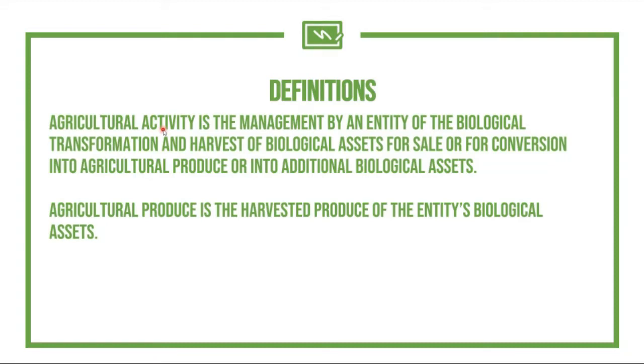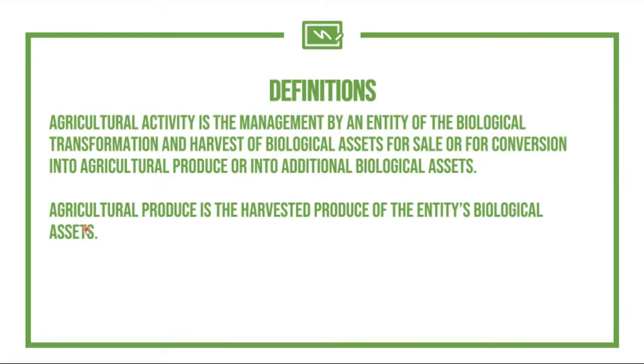And similarly, if you are hunting for animals in the wild, whatever you get there is not considered as agricultural activity because you did not manage the biological transformation. So the key term for agriculture is that the entity is the one managing the biological transformation of those items.